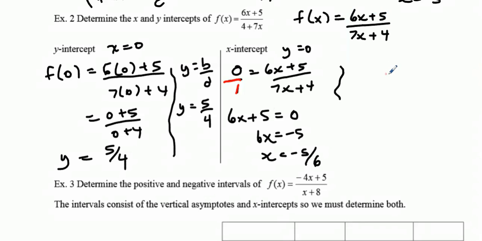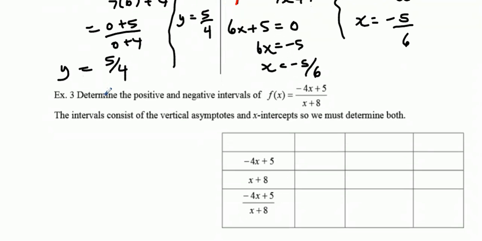Or the other way you could think about it, using the letters, would be that x equals minus b over a. So x is equal to minus 5, because this is b, over my a, which is 6. Okay.